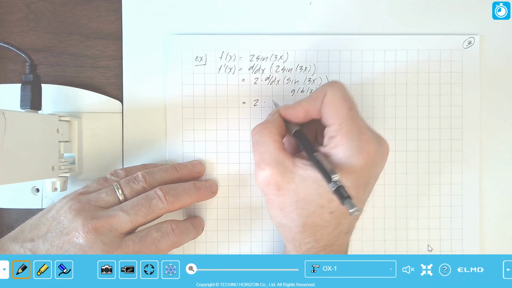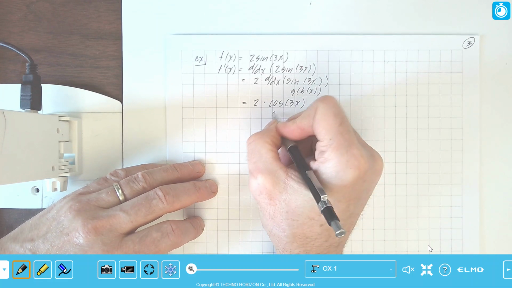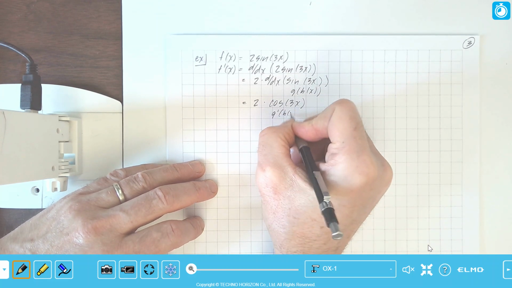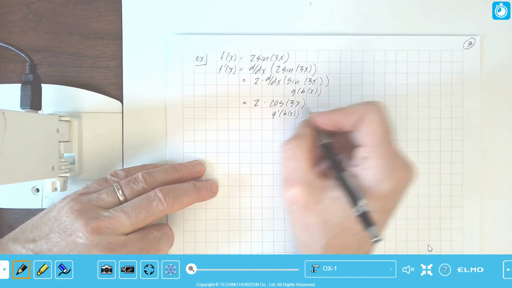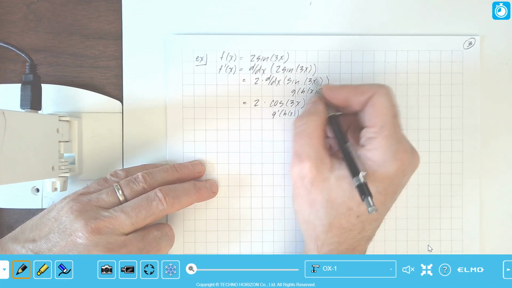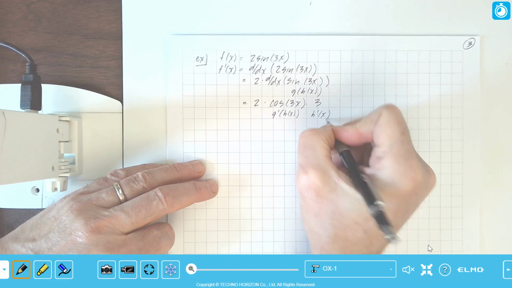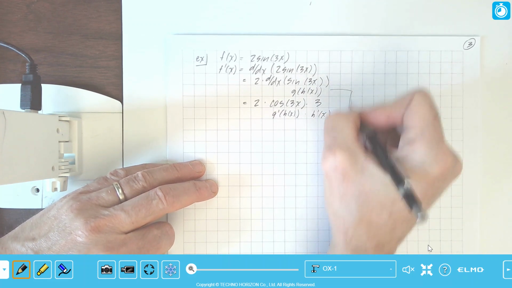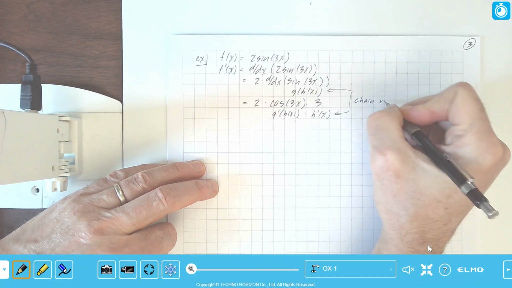Well, the derivative of sine is cosine, so we'd have cosine of 3x. That's the g prime of h of x, times the derivative of the inside function. The derivative of the inside function is just 3, and that's our h prime of x, right? So this idea right here is the chain rule at play.